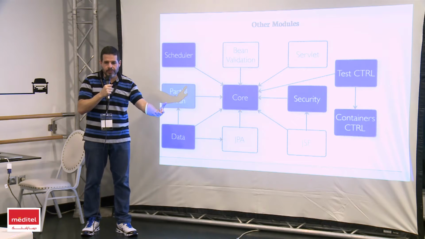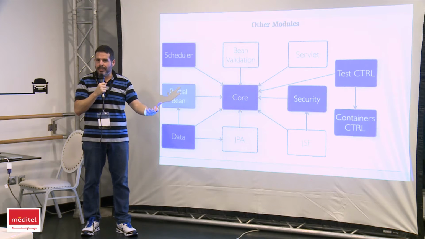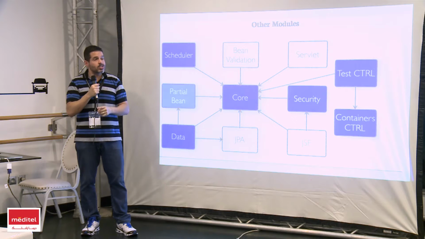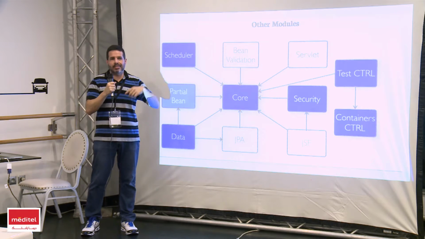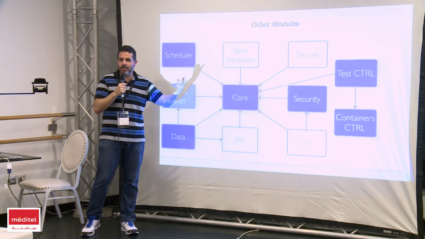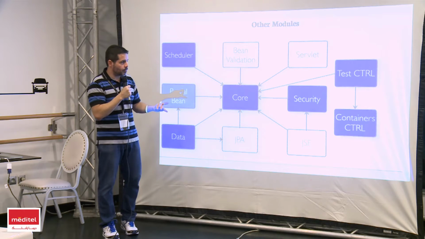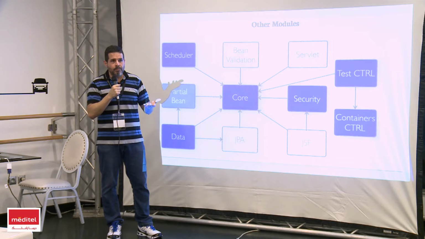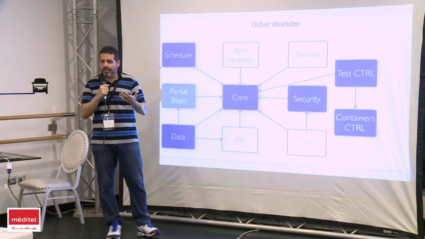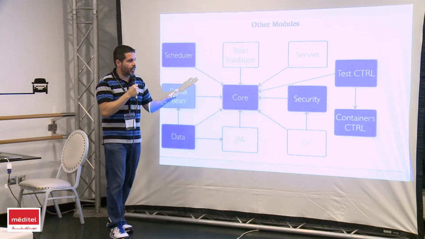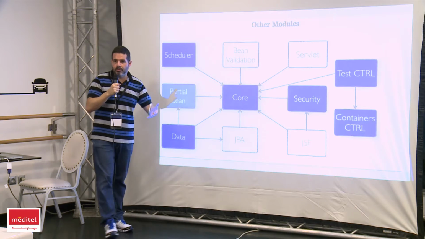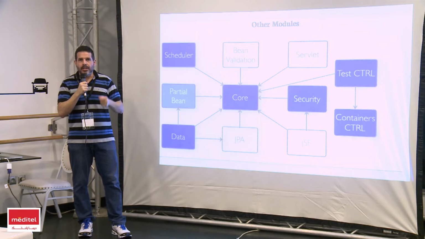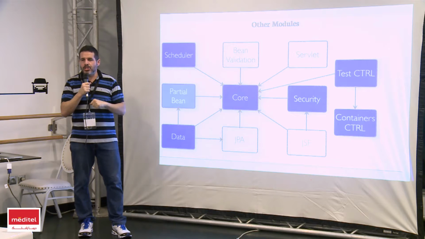You have the feature already implemented in DeltaSpike, and then on the CDI specification, people think, oh, this is good to have in the specification. And later on CDI 1.1 or 2.0, they include that. The test control and container control allow you to have CDI tests available, because you can start a CDI from Java SE, and then with test control you can say, okay, now we start the conversation scope.